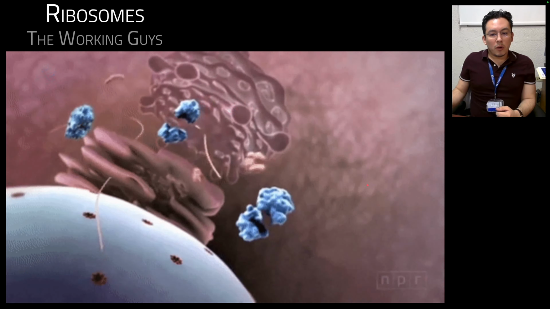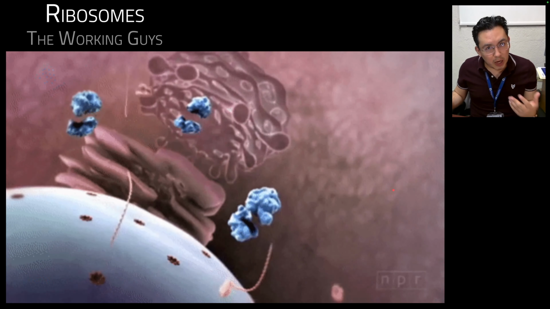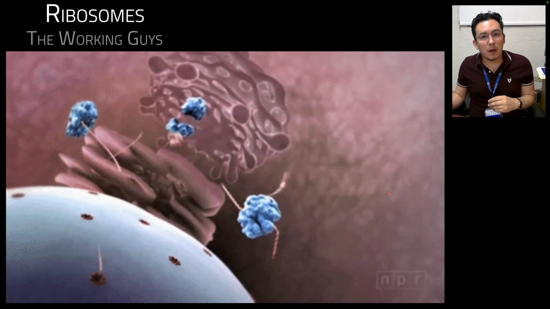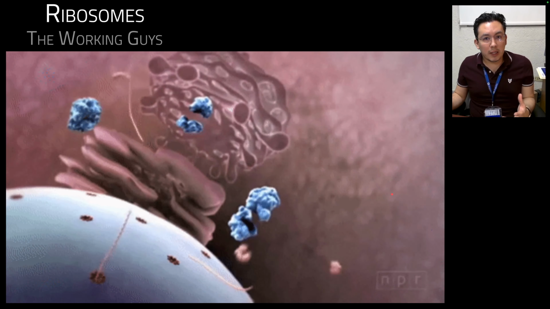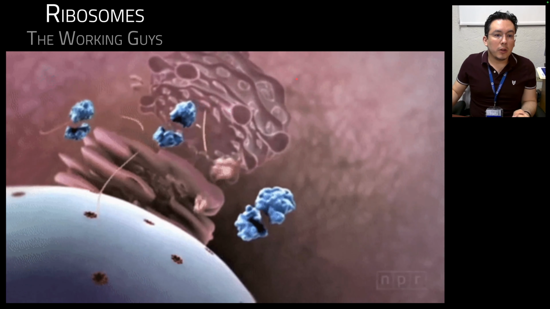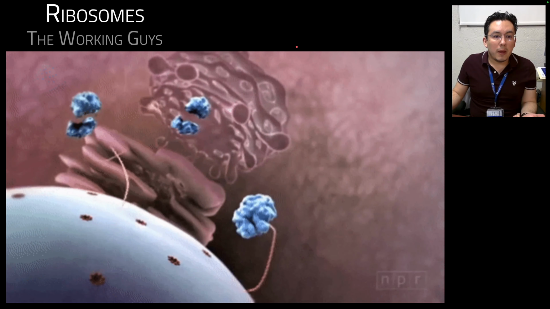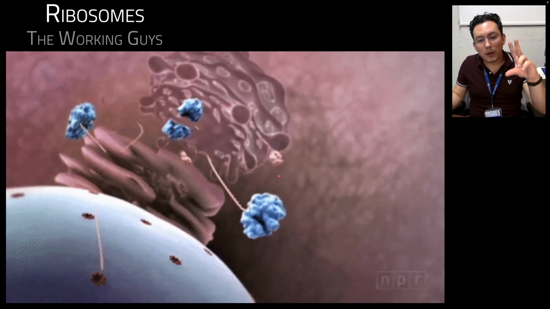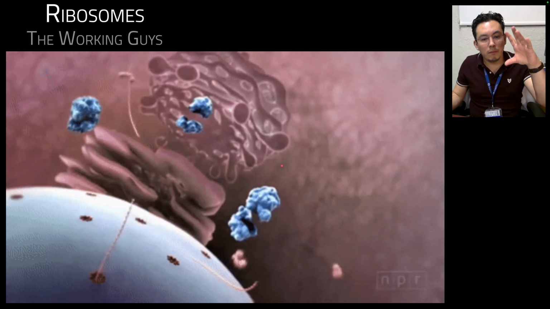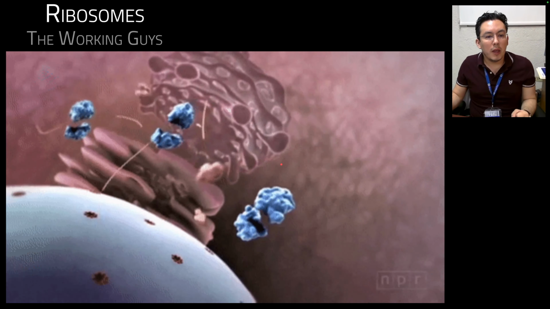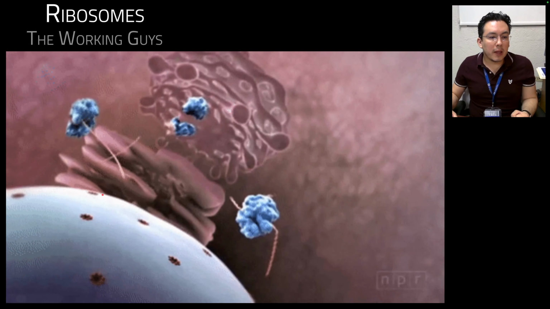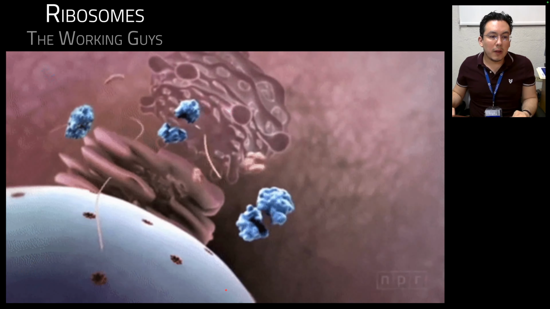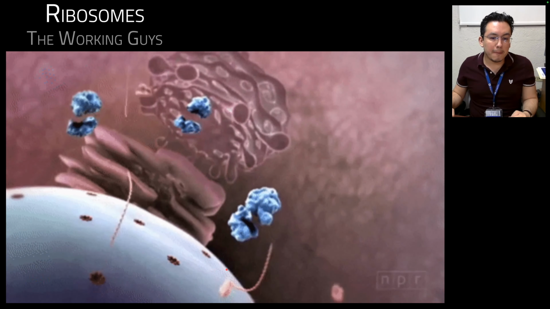Now, you may recall also from previous chapters or previous topics that we were talking about the different parts of the cell that include certain organelles, certain structures, such as the ribosomes. These ribosomes here in this animation are these blue things that look like a burger that open and close, and those little worms that come out from this big structure to the left is one type of RNA.